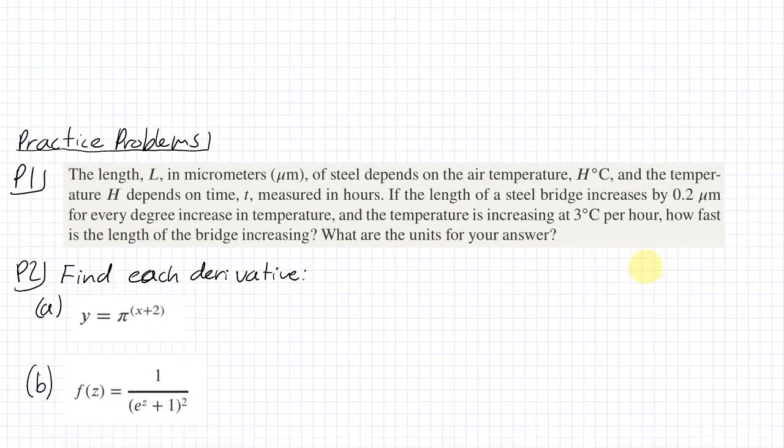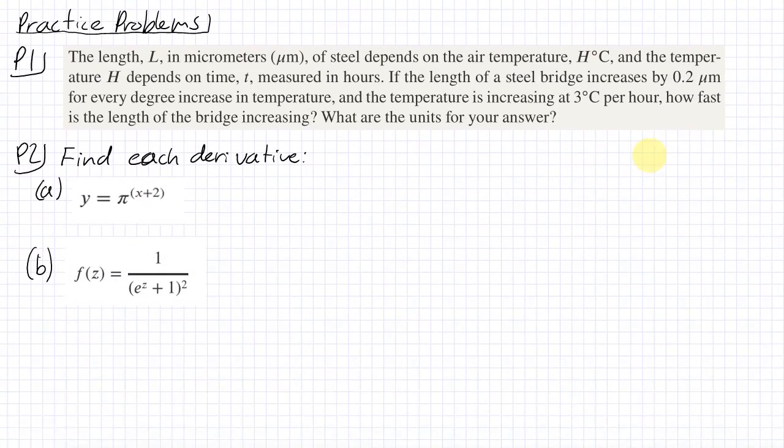So here's some practice problems to do. This first one is pretty similar to that warm-up problem. I'll give you a hint. The units for your answer, if it's asking how fast, like the term fast generally, or slow generally, is talking about time.